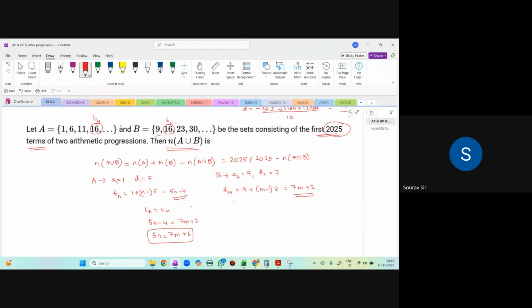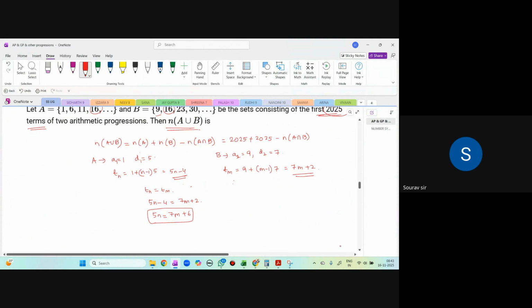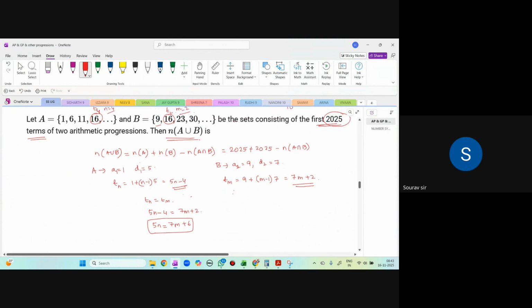So the first value of n is 4 and m is 2. So you put m equal to 2 here, you get n equal to 4.